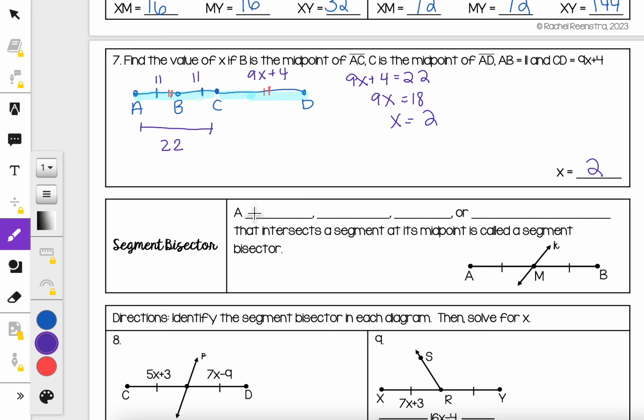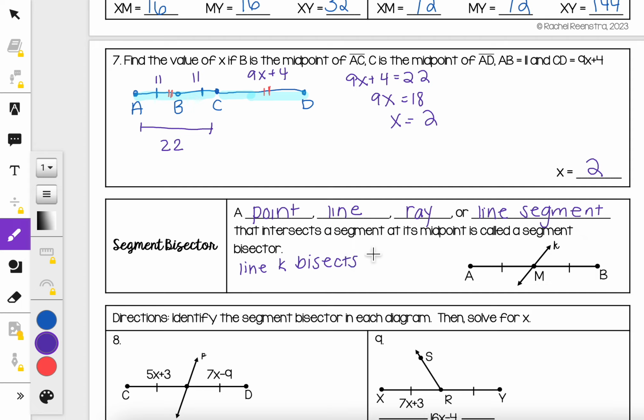A segment bisector is a point, a line, it could be a ray, or a line segment that intersects a segment at its midpoint. So if I look at this diagram here, line K is a segment bisector.